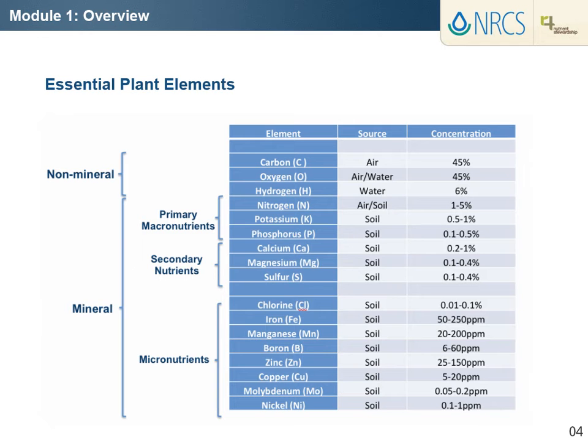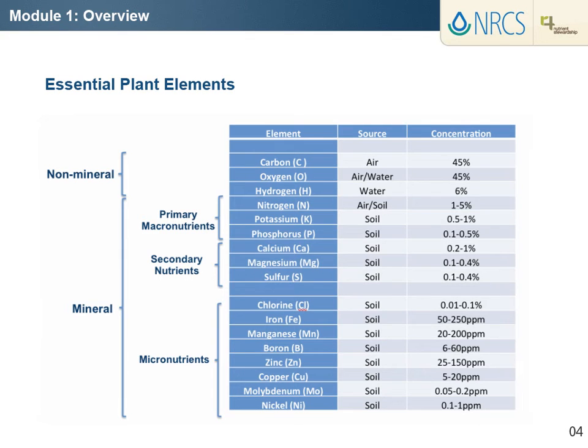Nitrogen, phosphorus, and potassium are often classified as primary macronutrients because their deficiencies are more common than the secondary nutrients, calcium, magnesium, and sulfur. The micronutrients include boron, chlorine, copper, iron, manganese, molybdenum, nickel, and zinc.